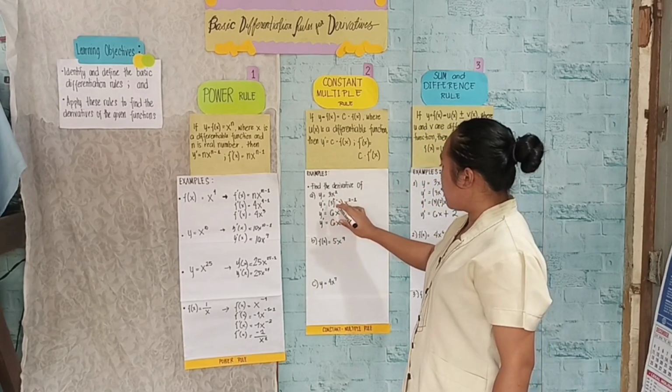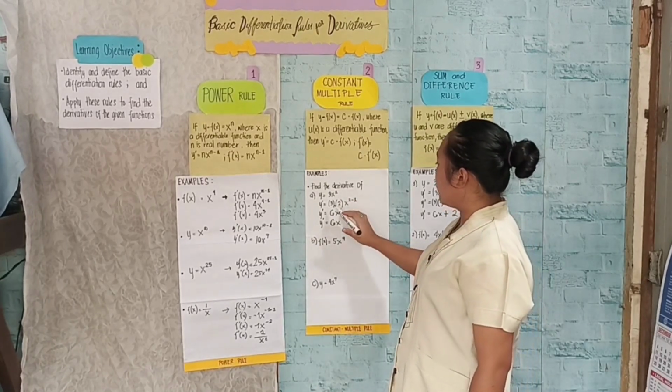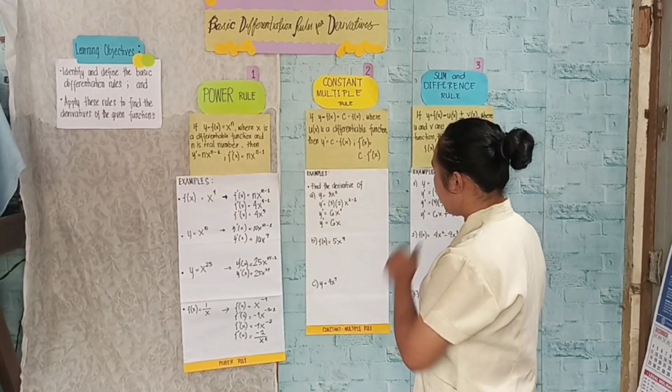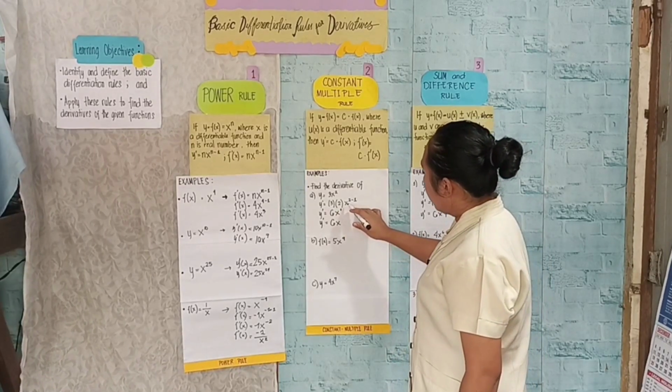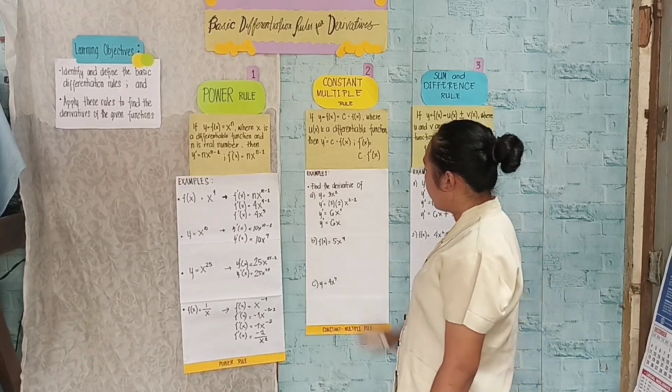y is equal to 3x squared. So y prime is equal to 3 multiplied by 2, x to the 2 minus 1.